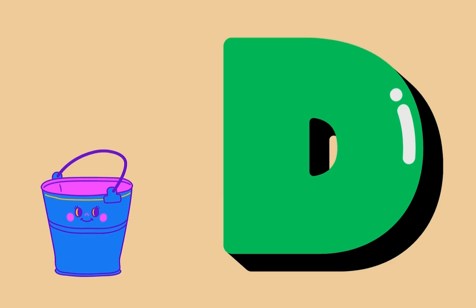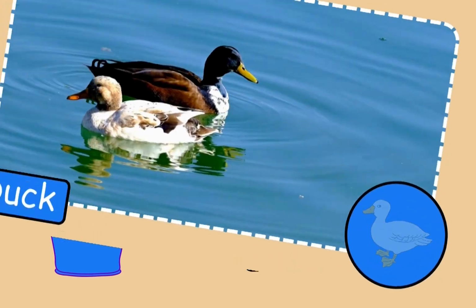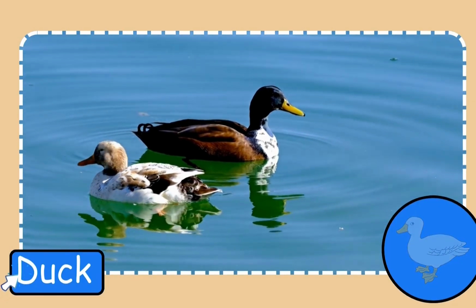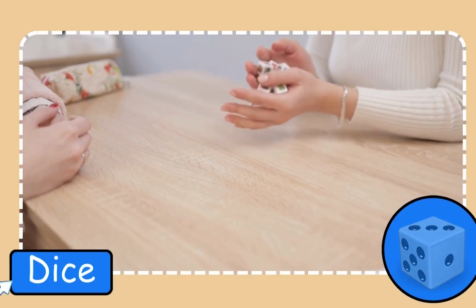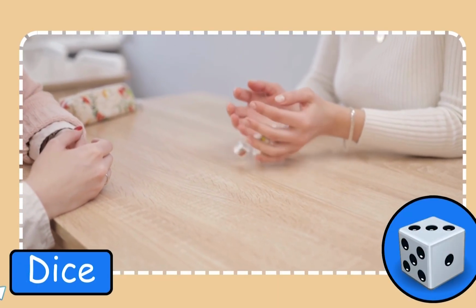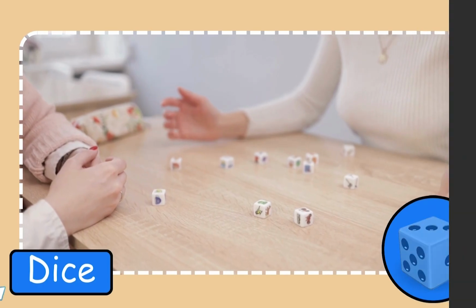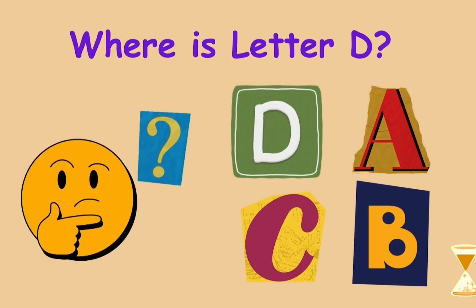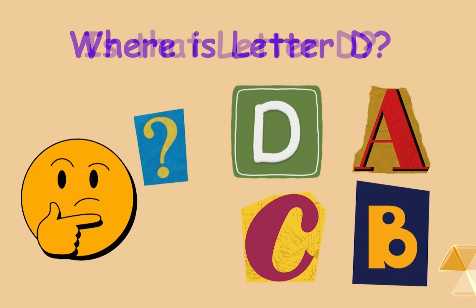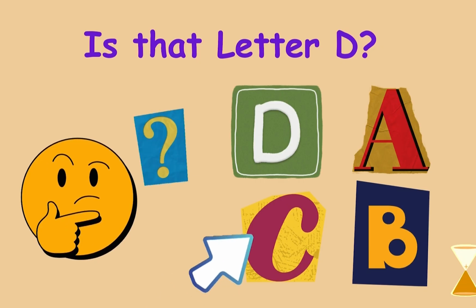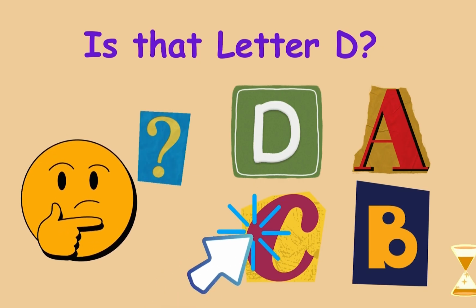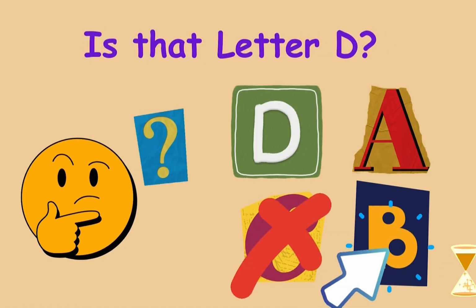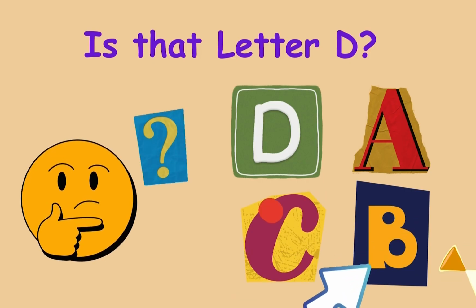Now, what letter is that? That is letter D. Dog starts with letter D. Dice also starts with letter D. Where is letter D? Is that letter D? No, that is letter C. Is that letter D?